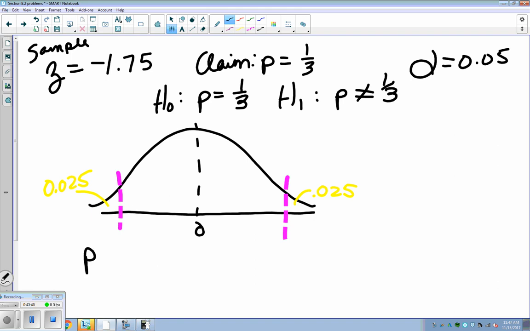So the probability where z is less than negative 1.75 is what I'm going to be putting in my calculator, right? Because I know my z. That's my test statistic, and it's going to give me back my area. But because it's in two tails, I've got to multiply that by 2. Okay? So let's go to our calculator.